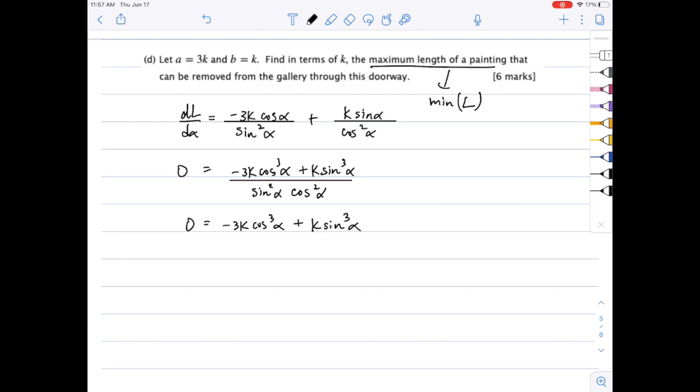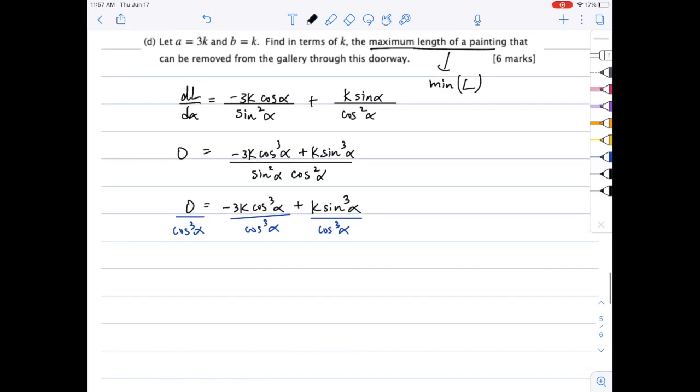And then what we can do here, by the way, this is just a general trick: anytime you have a sum of cosine and sine as trigonometric functions and they have the same power, the strategy is always the same. Just divide through by cosine cubed, because when you divide through by cosine cubed, you are going to turn this into a single trigonometric function.